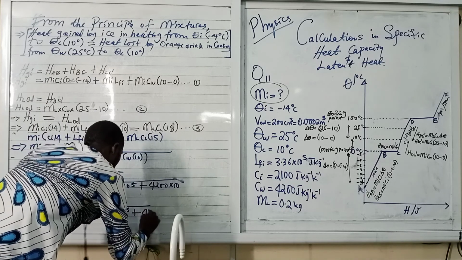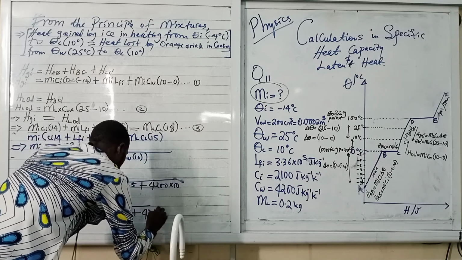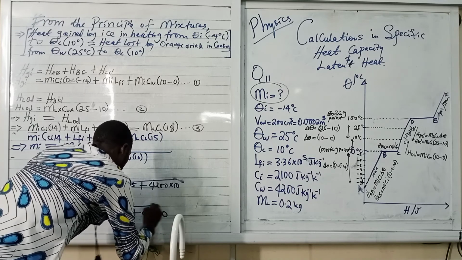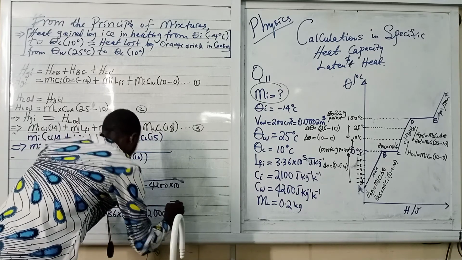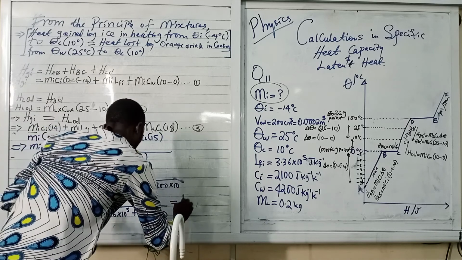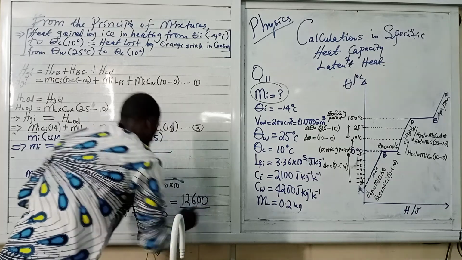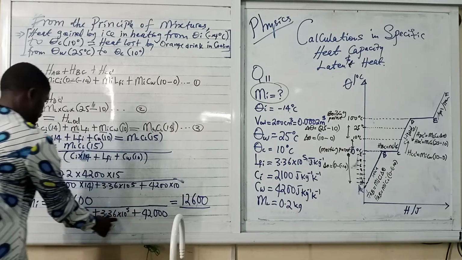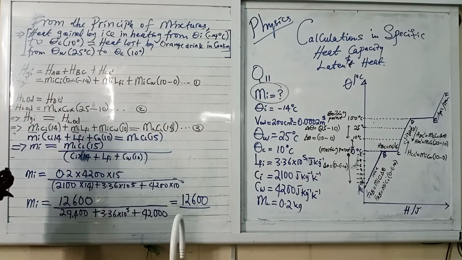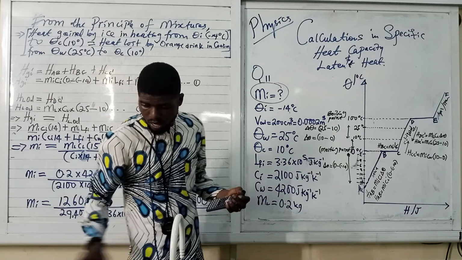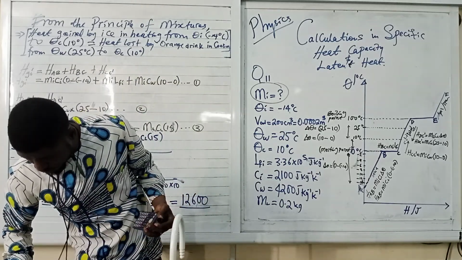We have 42,000. So we add everything together now. So we have 12600 divided by this plus this plus this. So let's calculate. We have 29400 plus 3.36 exponential 5. I want to verify if that is actually exponential 5. Yes.